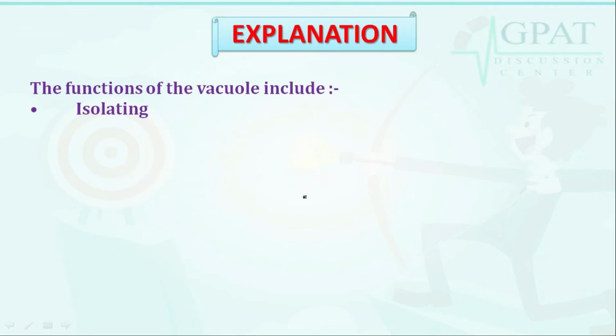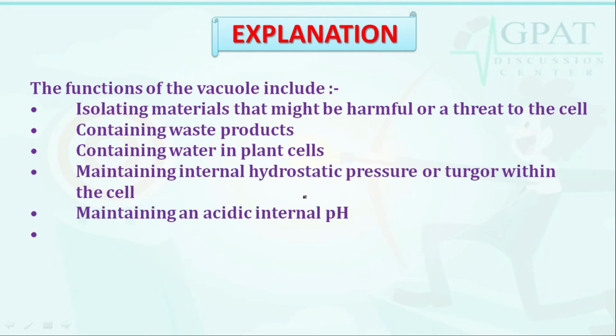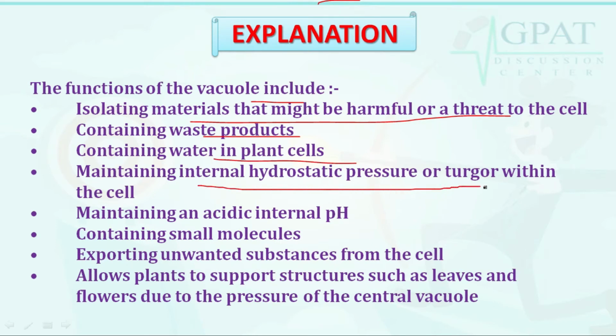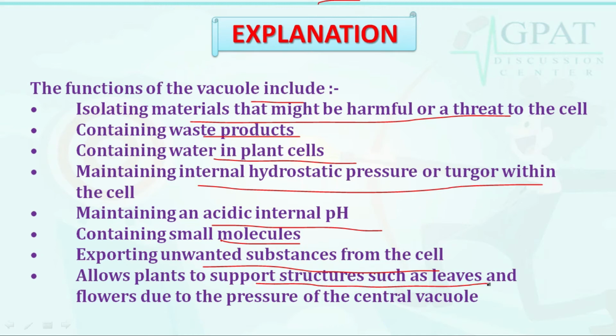Here we have the explanation that the functions of the vacuole include isolating materials that might be harmful or a threat to the cell, containing waste products, containing water in plant cells, maintaining internal hydrostatic pressure or sugar within the cells, maintaining an acidic internal pH, containing small molecules, exporting unwanted substances from the cells, and allowing plants to support structures such as leaves and flowers due to the pressure of the central vacuole.